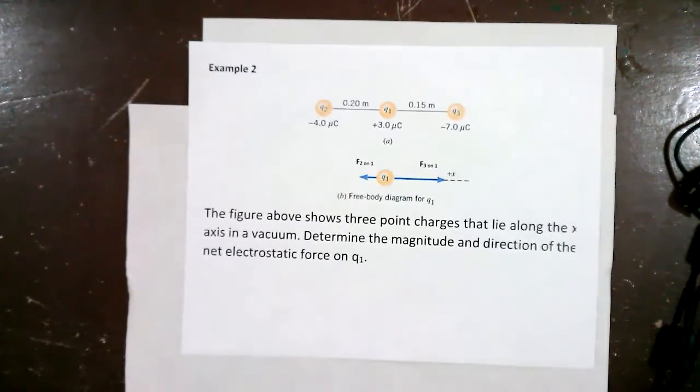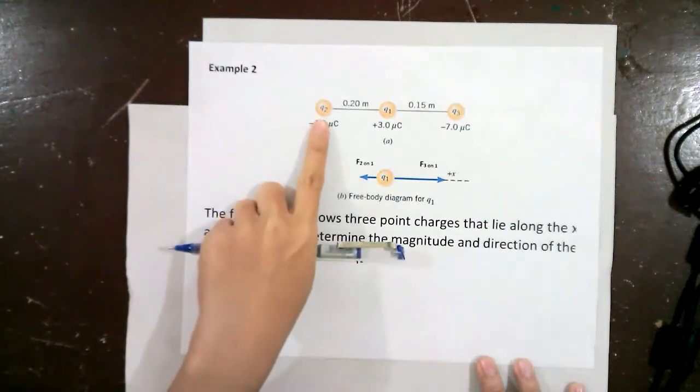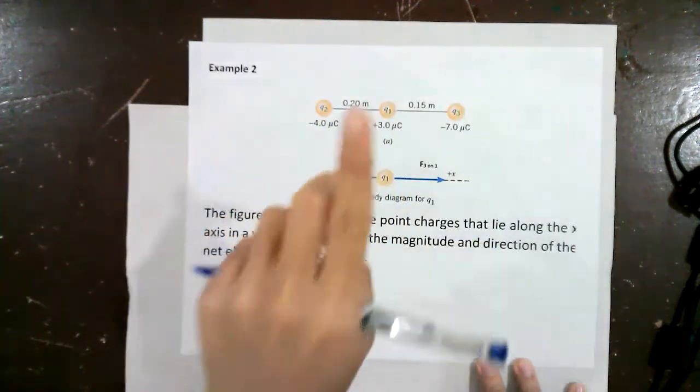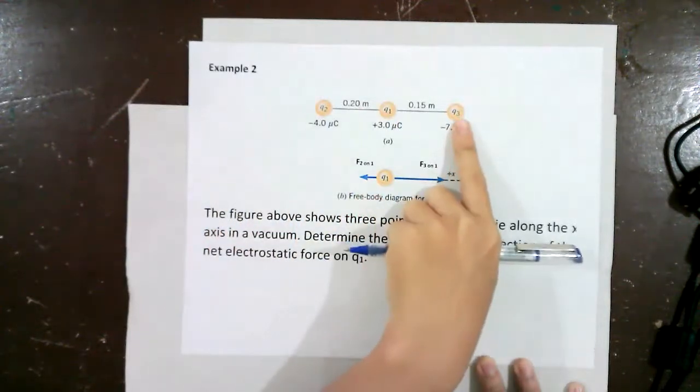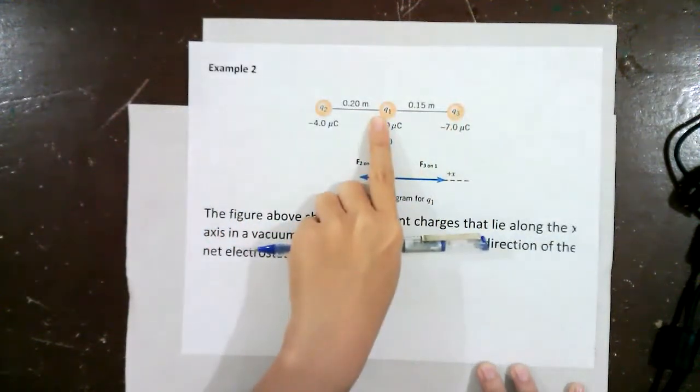We are still going to solve for the force, and then we are going to use our Coulomb's law. Now, in this case, this is quite tricky compared to the first example. It's because we are going to have three charges, and then we are going to determine the force exerted by Q2 on Q1, and then the force exerted by Q3 on Q1.